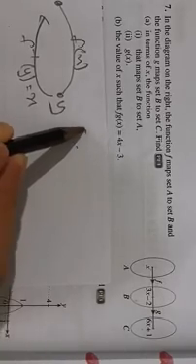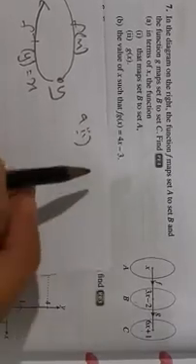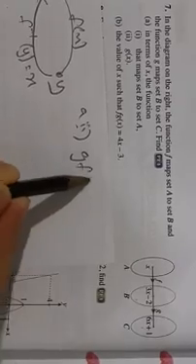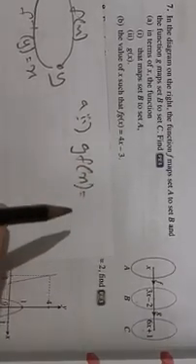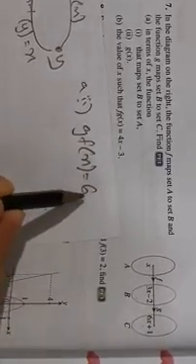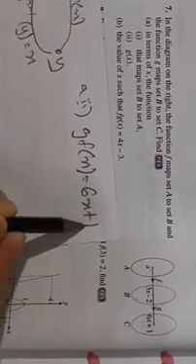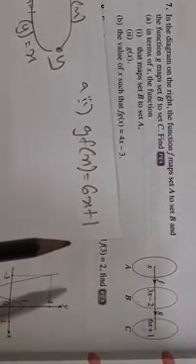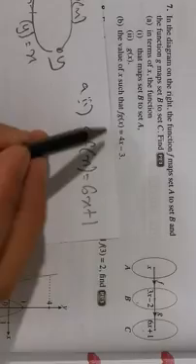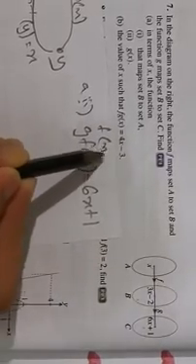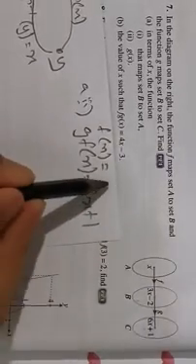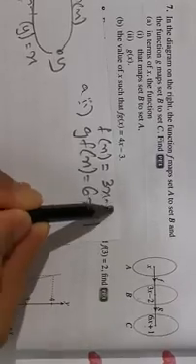Okay, so for A2, you are given gf(x) equals 6x plus 1. Okay, and then f(x) is 3x minus 2.